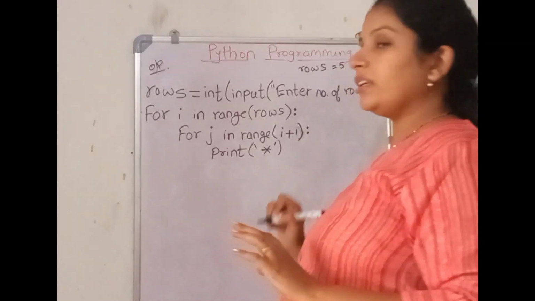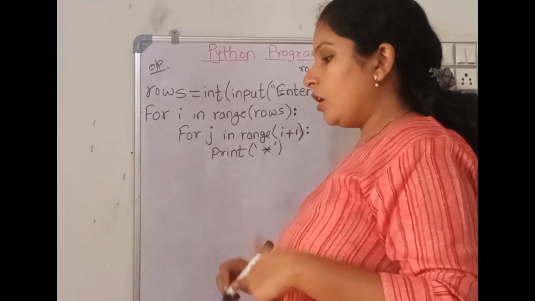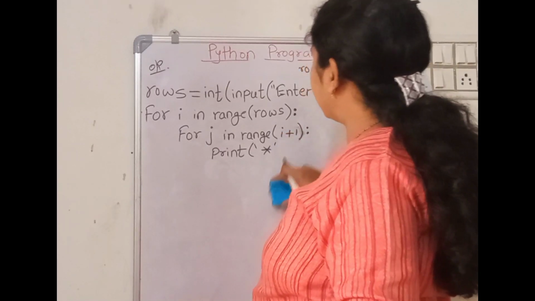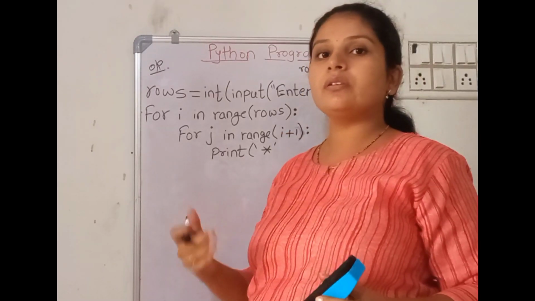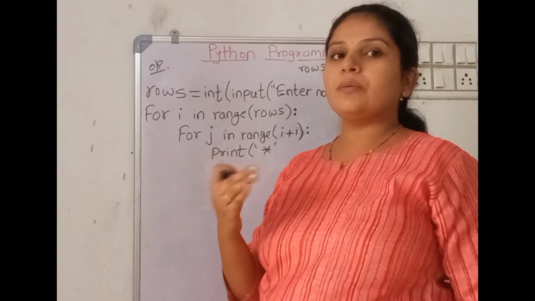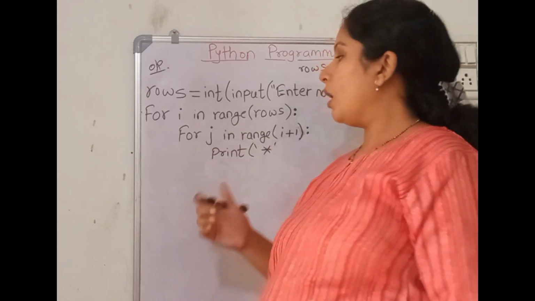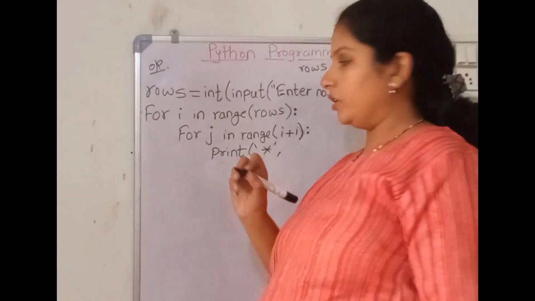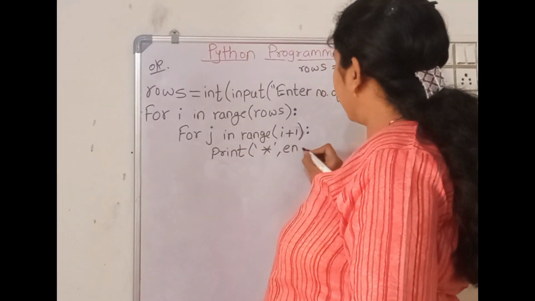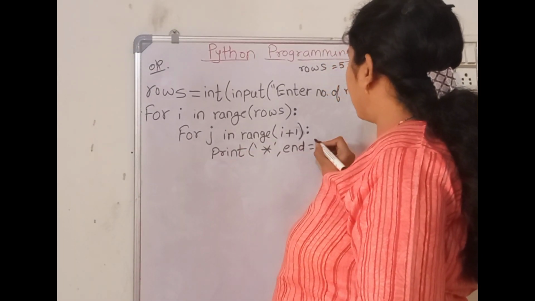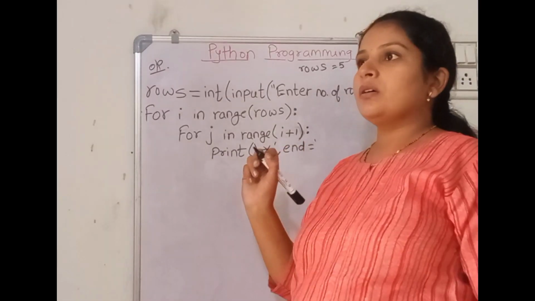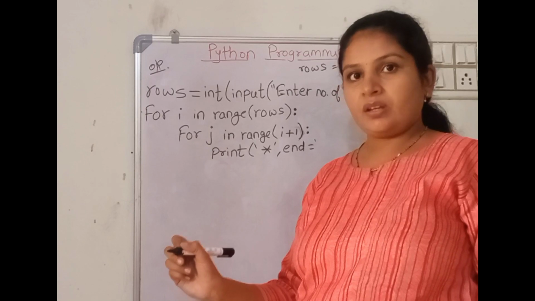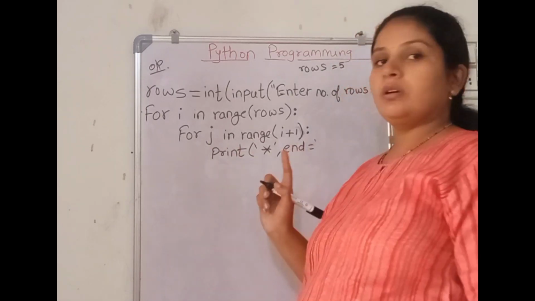You can write down like this also, but we are making an addition in this statement, and with this addition only you are going to learn new concepts or some keywords in Python. Here I am using the end keyword. End is the keyword which is used in Python just to specify how you are ending the statement. That is for the end.